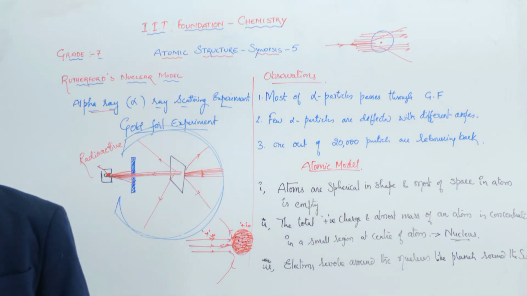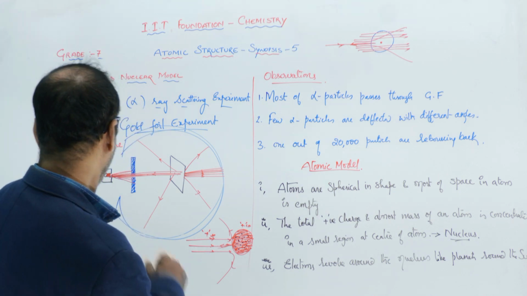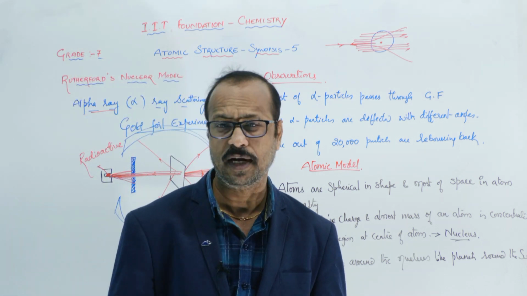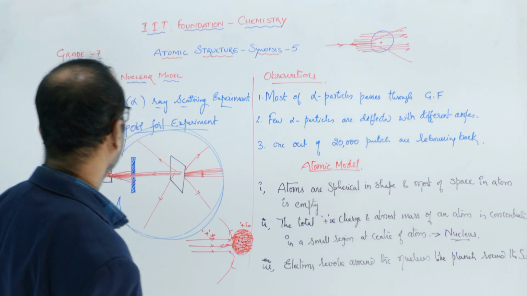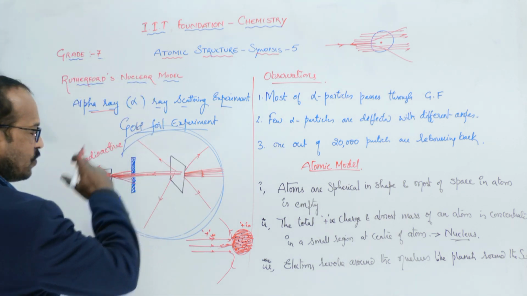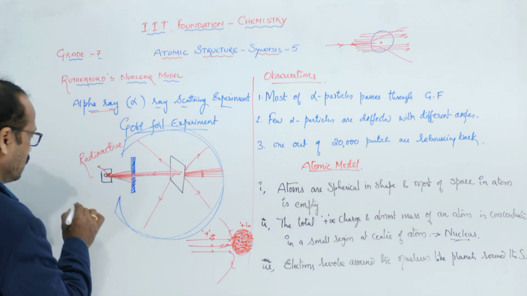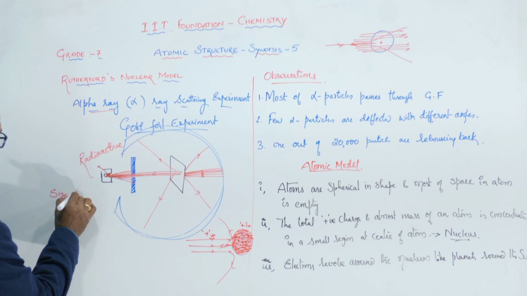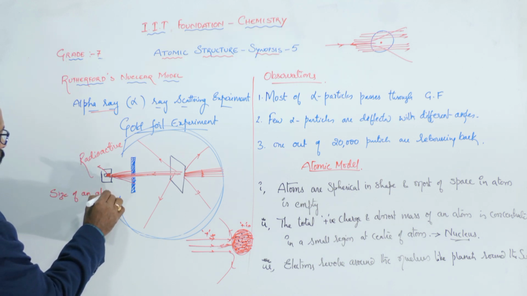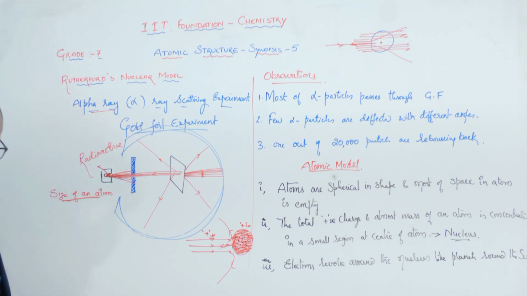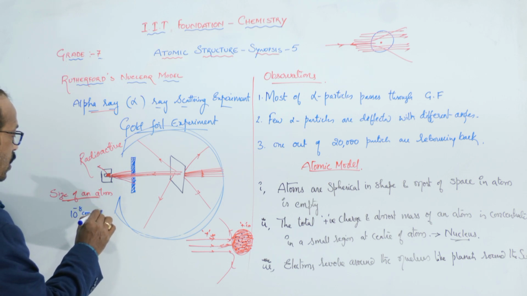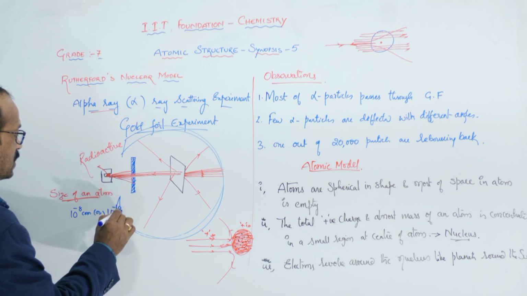One more important thing is that Rutherford was also able to calculate the size of an atom. He observed that the size of an atom is approximately 10 to the power of minus 8 centimeters, or 10 to the power of minus 10 meters.